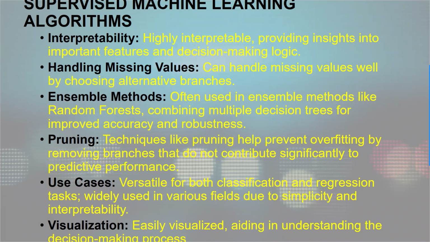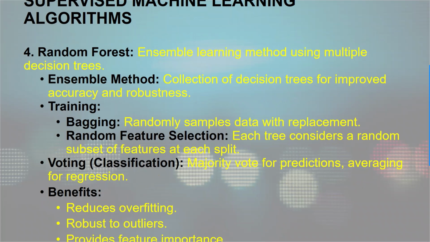Then we have pruning. Techniques like pruning help prevent overfitting by removing branches that do not contribute significantly to predictive performance. Some of the use cases include versatility for both classification and regression tasks, widely used in various fields due to simplicity and interpretability. And the visualization here is easy, aiding in understanding the decision-making process.